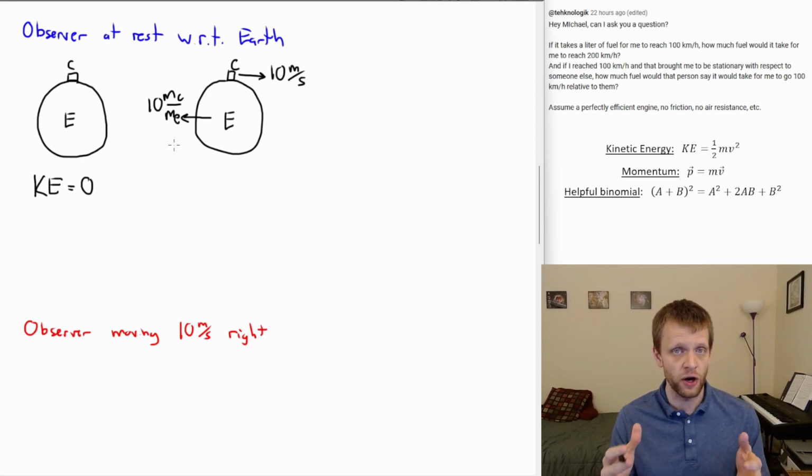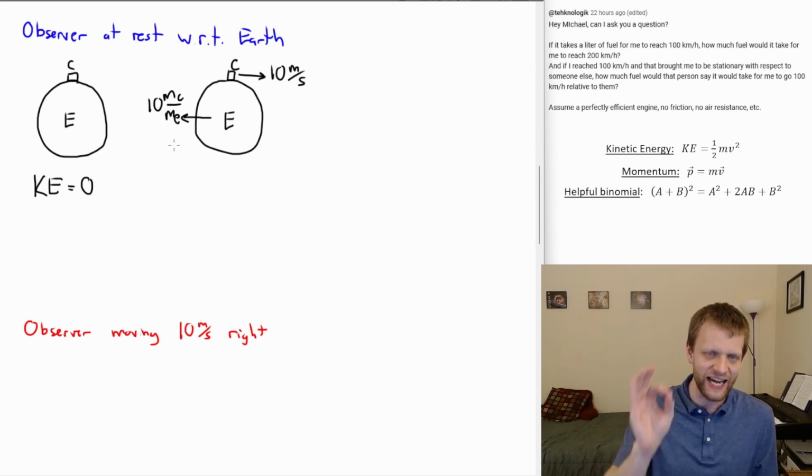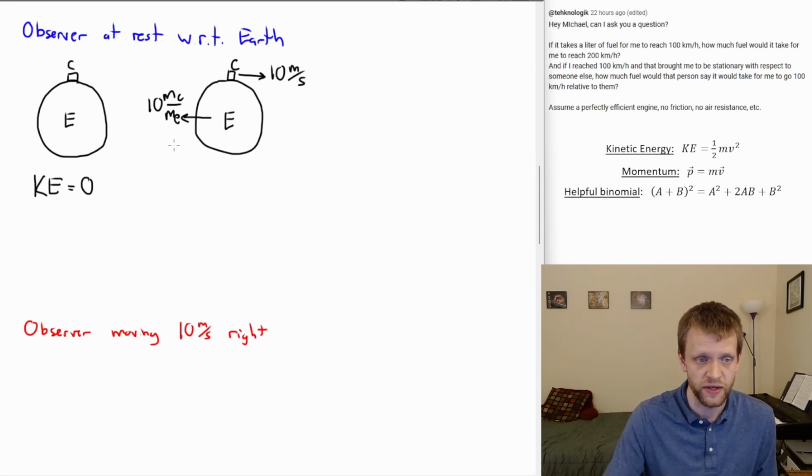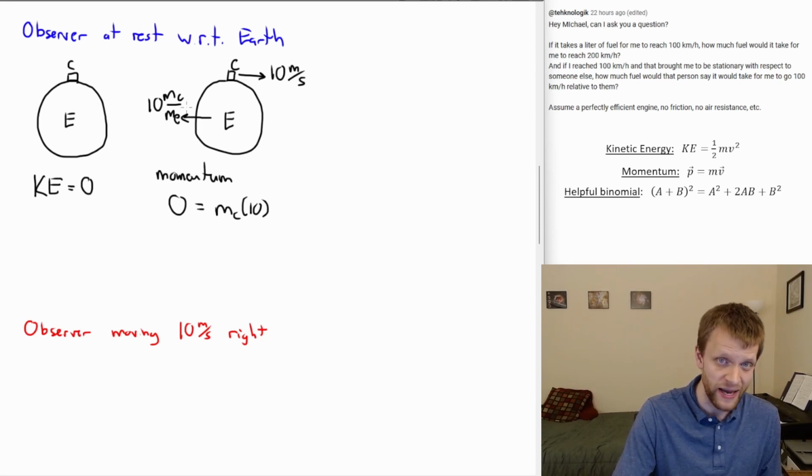Now, the mass of the car divided by the mass of the Earth is going to be a tiny, tiny value. But let's first check this with conservation of momentum. Initially everything was at rest, so for momentum, we start with 0, and after we've got the mass of the car moving at 10 meters per second to the right, and since the Earth is moving backwards, we have to subtract the momentum of the Earth.